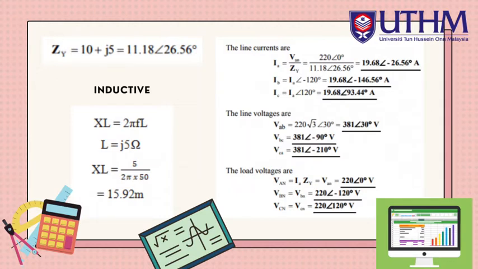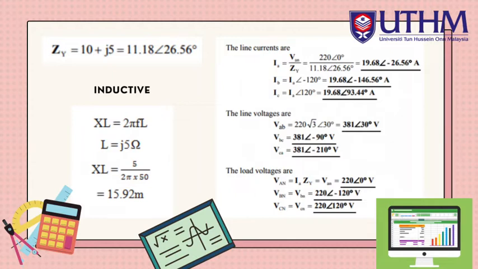For IB, we put in the value from IA with an angle of negative 120 degrees, which equals 19.68 with an angle of negative 146.56 ampere. For IC, we put in the value from IA, but this time with an angle of positive 120 degrees, which equals 19.68 with an angle of 93.44 degrees ampere.